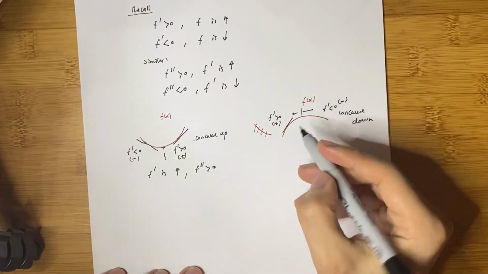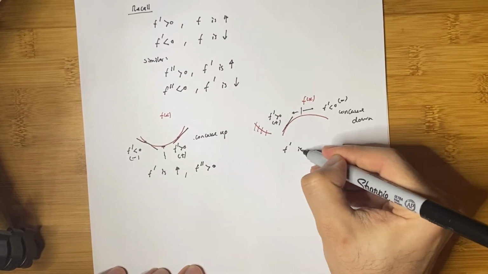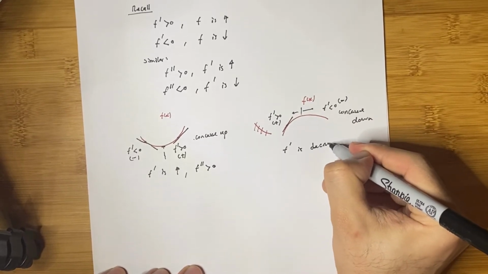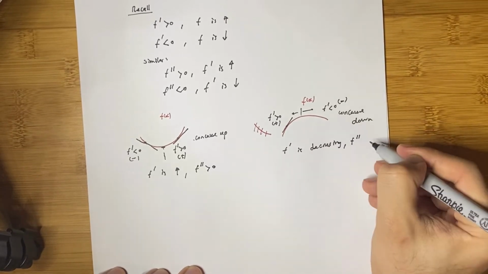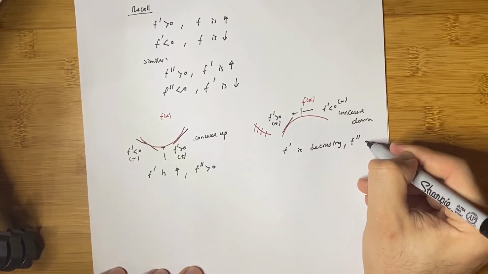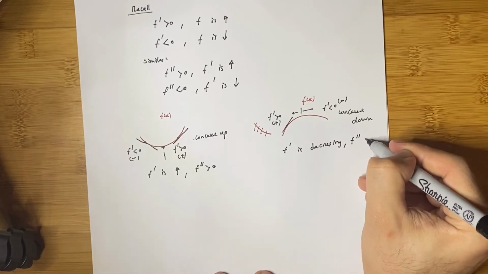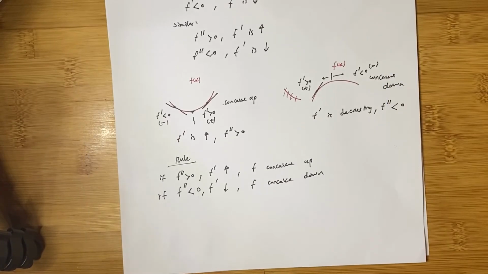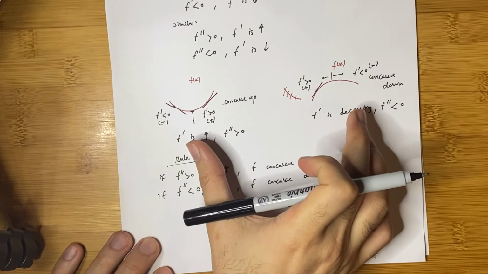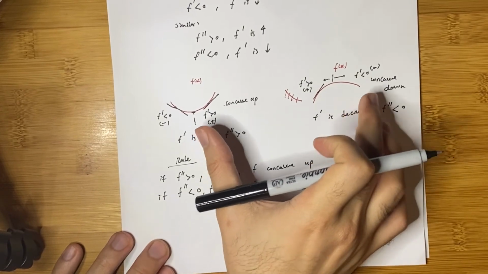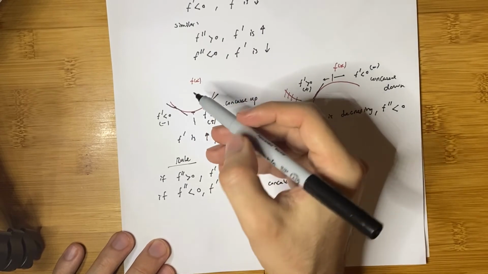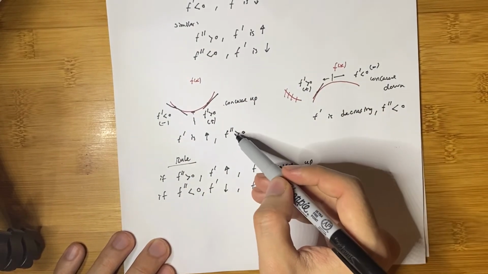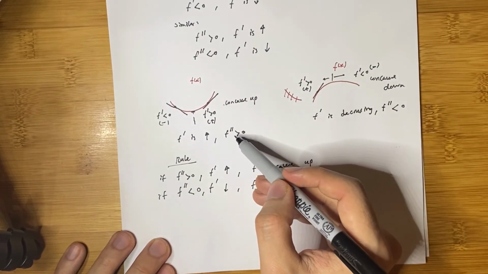So the derivative is decreasing, which means f double prime is negative. So now, from these two shapes, we can relate f of x and f prime with f double prime.